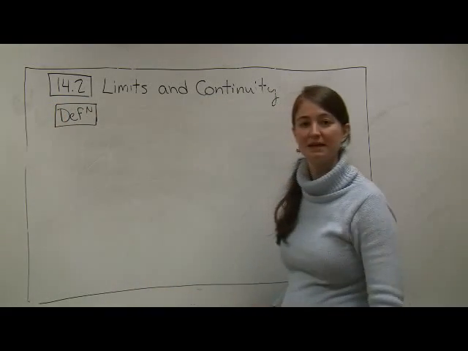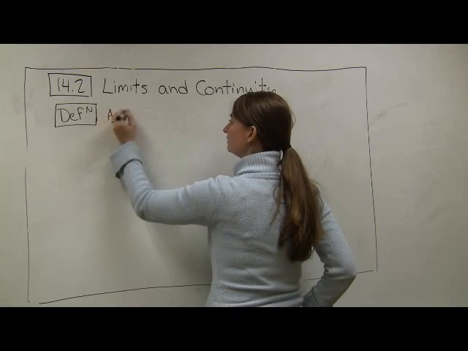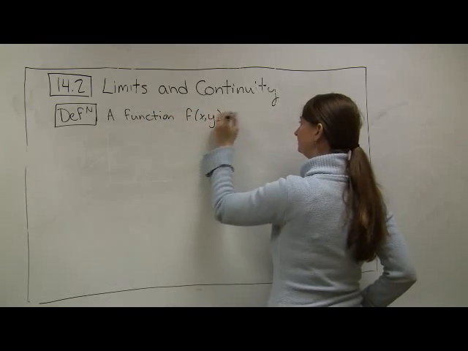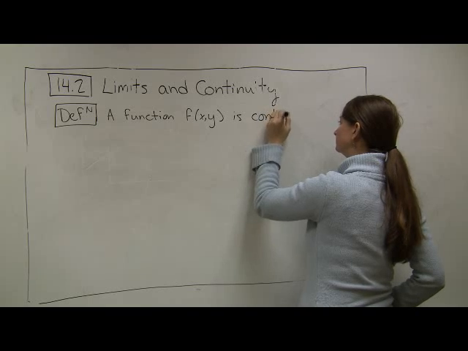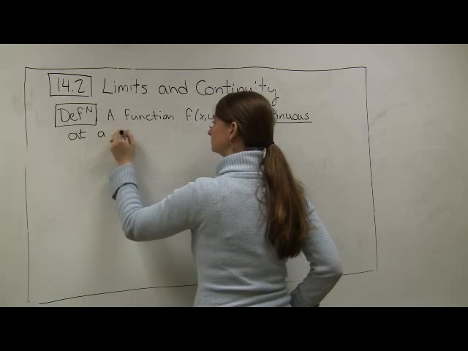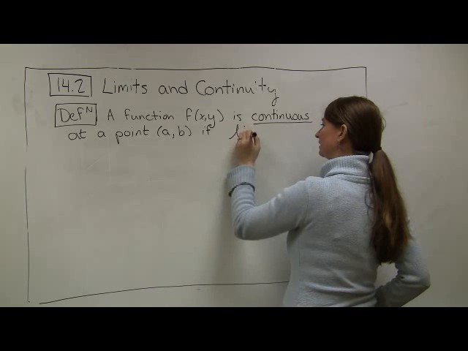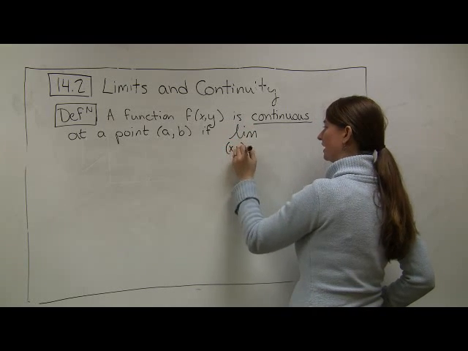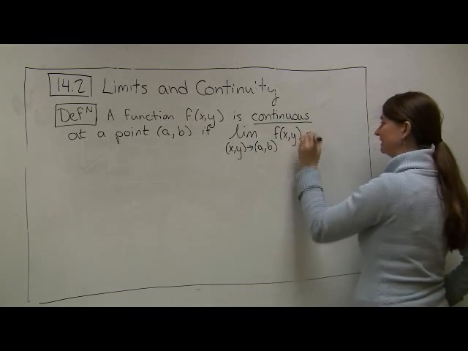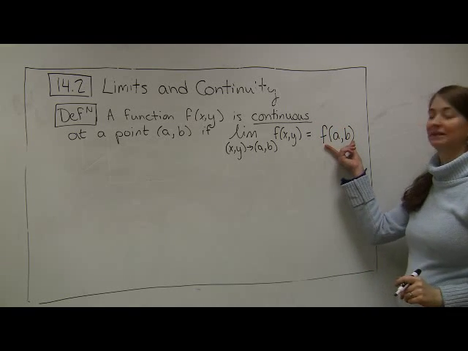It's exactly what you think it might be based on your understanding of continuity from the single variable case. So we say a function f of xy is continuous at a point a, b, if the limit as xy approaches ab of my function f of xy is exactly equal to what you want it to be, the function evaluated at that point.